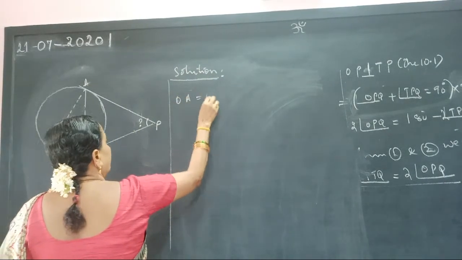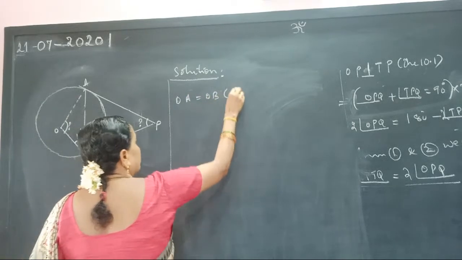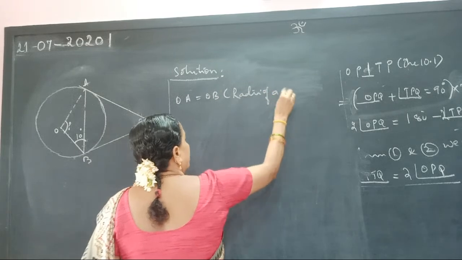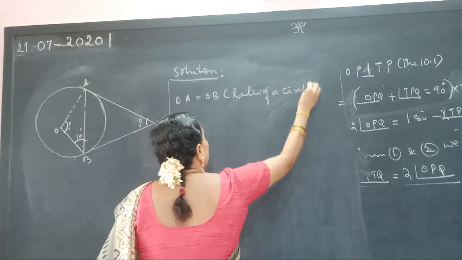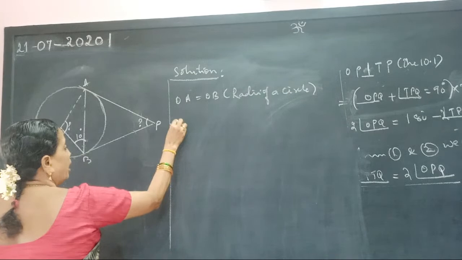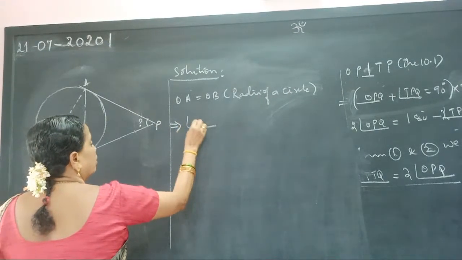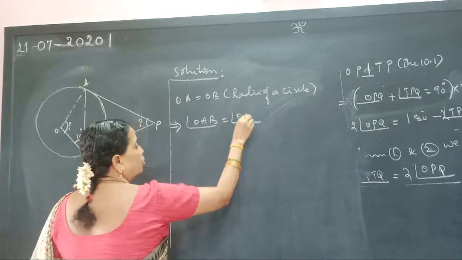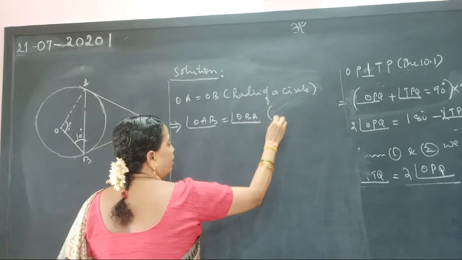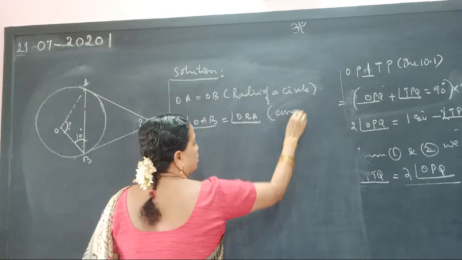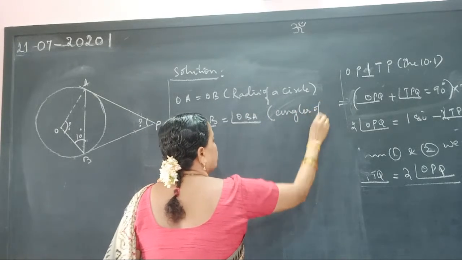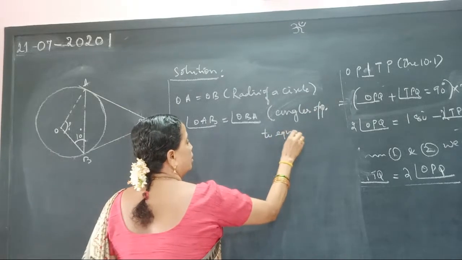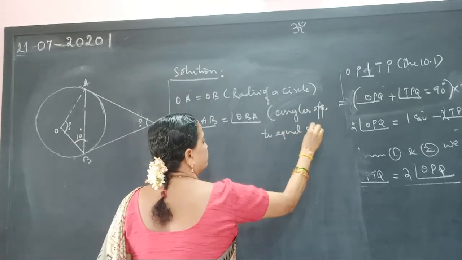OA equals OB, radii of a circle, which implies angle OAB equals angle OBA, angles opposite to equal sides.